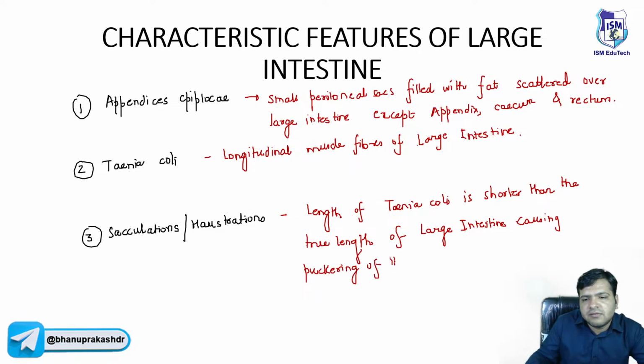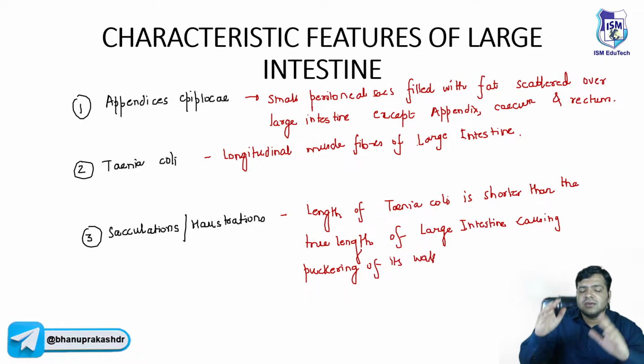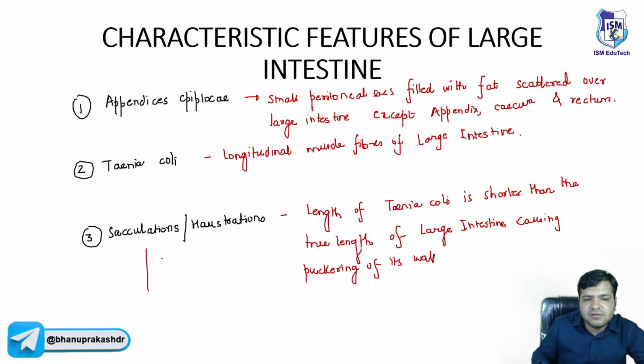So obviously, if this wall is straight, and its length in between, we have the circular and the longitudinal muscle, that is tinea coli, and these are the walls. The length of the tinea coli is actually shorter than the actual length of the wall.